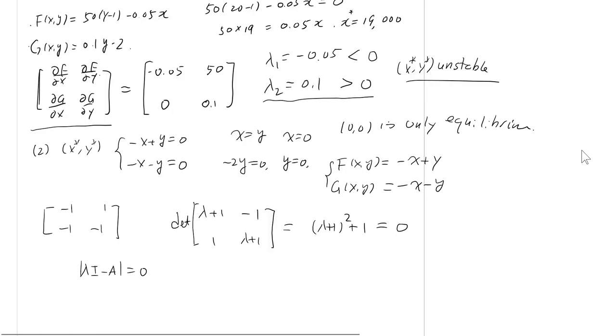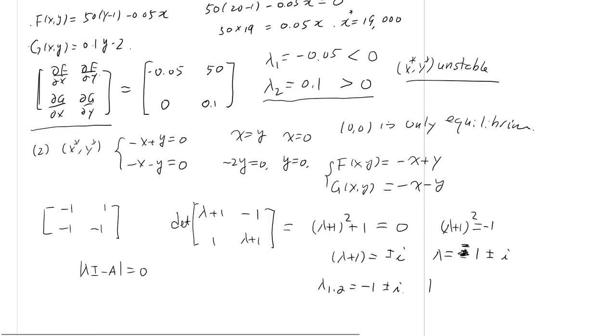And remember, this one we have complex solutions. We have lambda plus 1 squared is equal to negative 1, so lambda plus 1 is equal to plus minus imaginary unit i, and then we have lambda is equal to negative 1 plus minus i, so lambda 1, 2 is equal to negative 1 plus minus i.